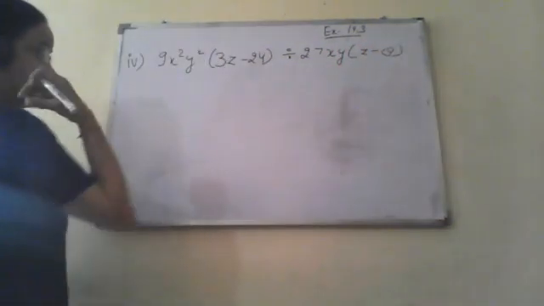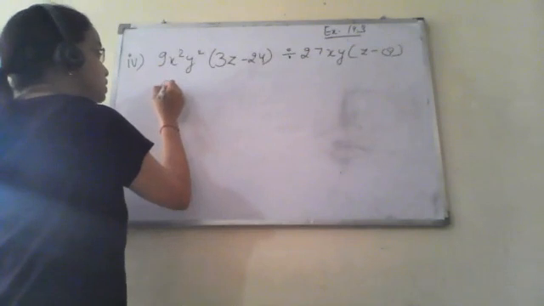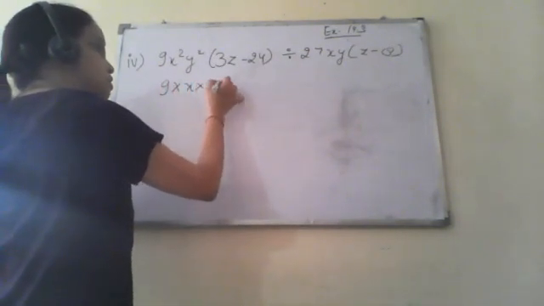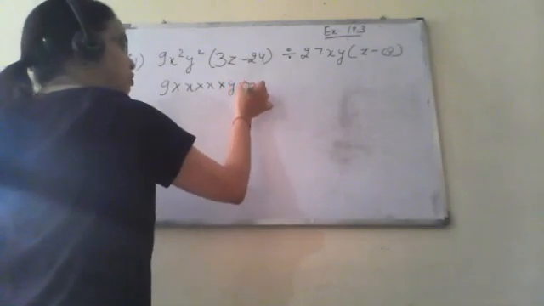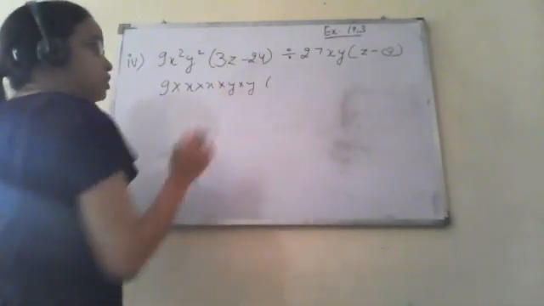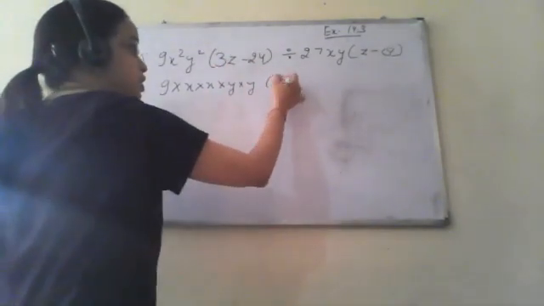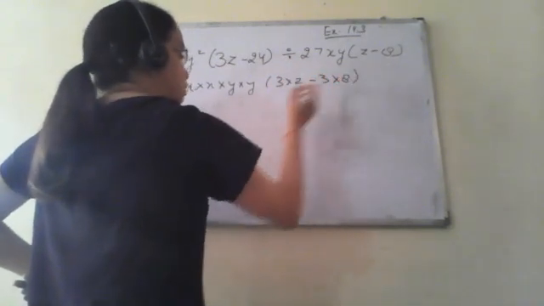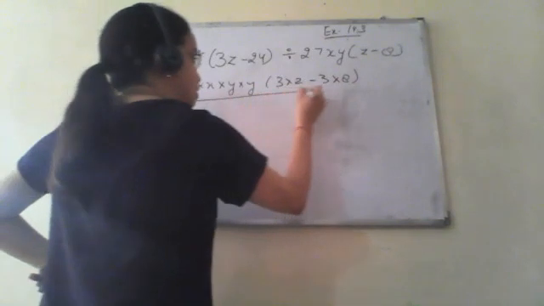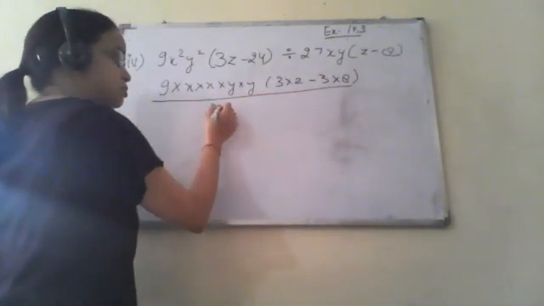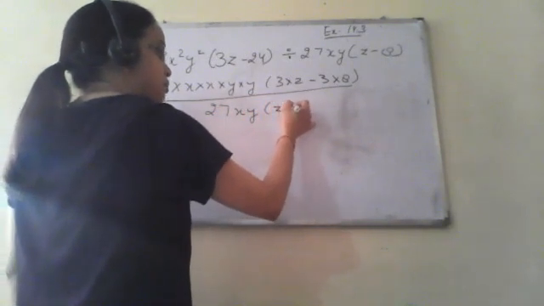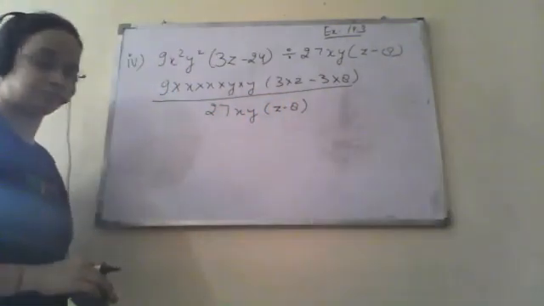Now this 9 can be written as 9 into x into x into y into y. We can take 3 common from 3z minus 24. This is 3 into z and this is 3 into 8. Clear? So it has to be divided by 27 xy into z minus 8.